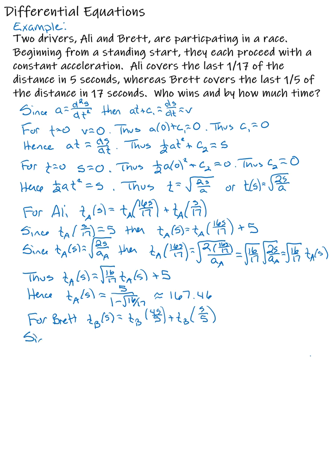Okay, well, since t sub b of s over 5, that last 1/5, is equal to 17, then we can rewrite this, making that little substitution. So it's going to be plus 17 out there. All right, so now all we have to do is figure out what this value is. Again, following what we did previously.